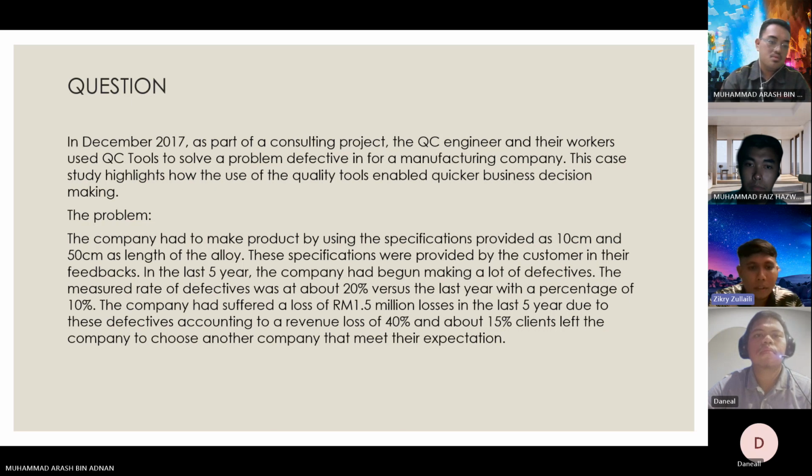The company had suffered a loss of RM 1.5 million in the last 5 years due to these defects, accounting for a revenue loss of 40% and about 15%. Clients left the company to choose another company that met their expectations.